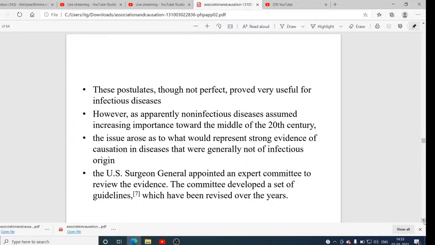The US Surgeon General appointed an expert committee to review the evidence. The committee developed a set of guidelines, which is available in this reference and has been revised over the years.